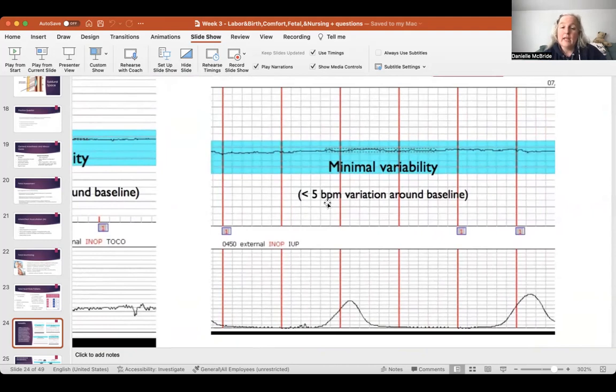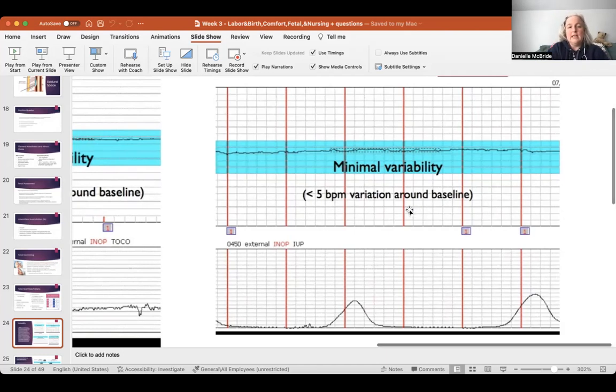So we will allow time for a normal sleep cycle, and a baby's sleep cycle typically is 20 to 40 minutes. And if we're continuing to see minimal variability that's extending beyond that, then we need to investigate and see what we need to do to see if there's anything to be concerned about.